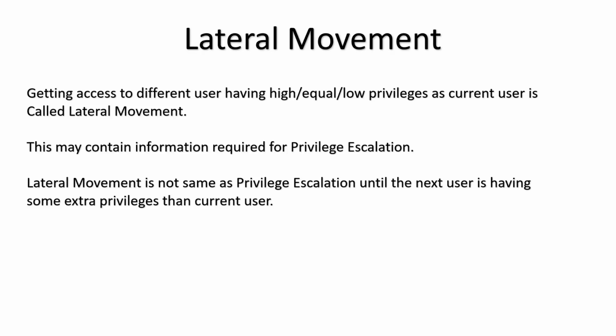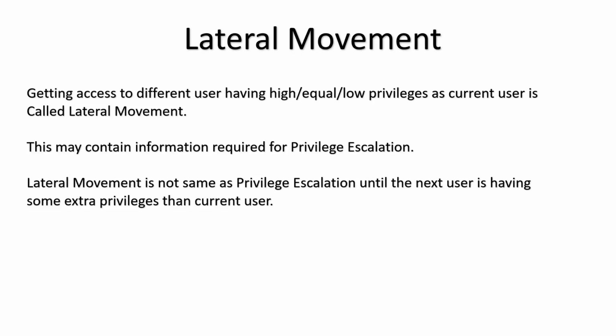Now, as I have mentioned, the user can have high, equal or low privileges. So how can we make use of it? This may contain information required for privilege escalation.